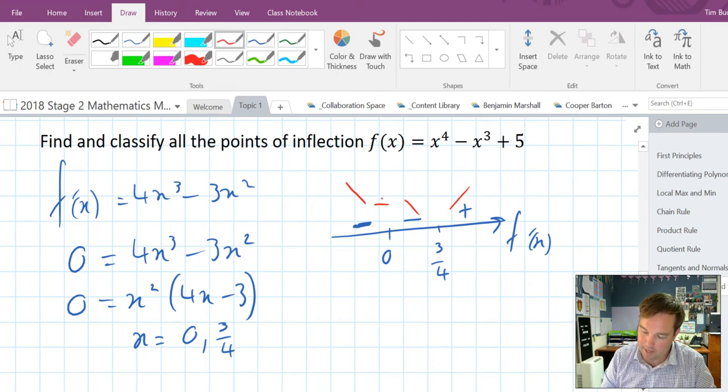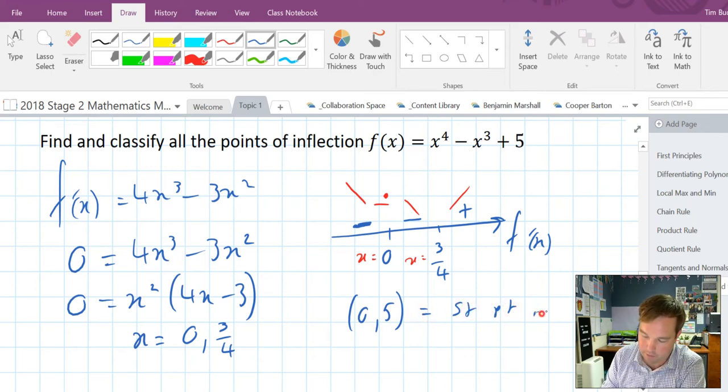So we're thinking here, at x equals 0, there should be a stationary point of inflection, and here, at x equals 3/4, there should be a minimum. So the point when x is 0, and we can sub 0 into there, so y is 5, is a stationary point of inflection.